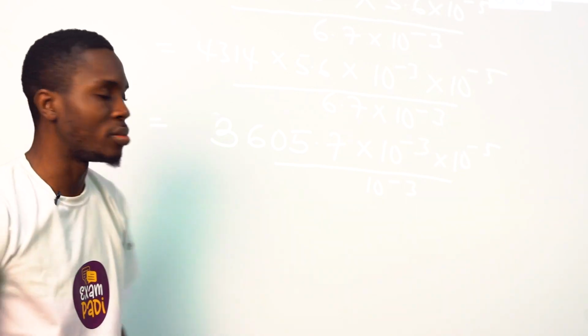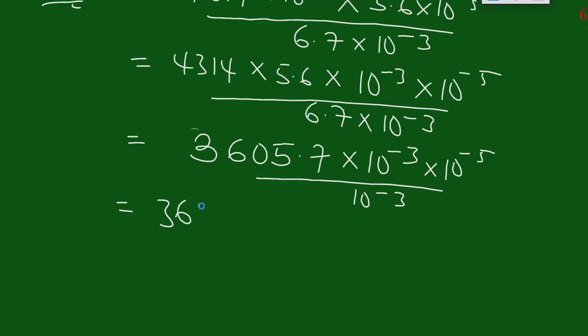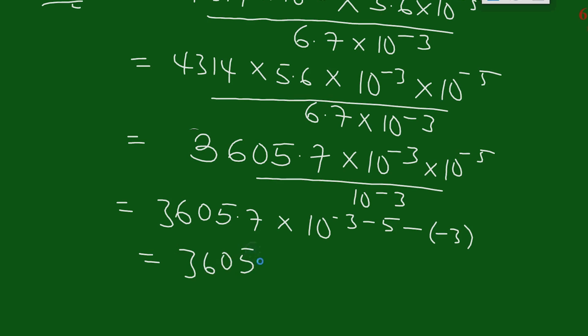So now let's deal with the standard form. So we have 3605.7 times 10 raised to the power of, this here will be joined together by an addition. So we have minus 3 plus minus 5, which gives minus 8. Then we have a division sign, and this division will become minus, so we have the last one raised to the power of minus 3, and minus times minus will give us plus 3.